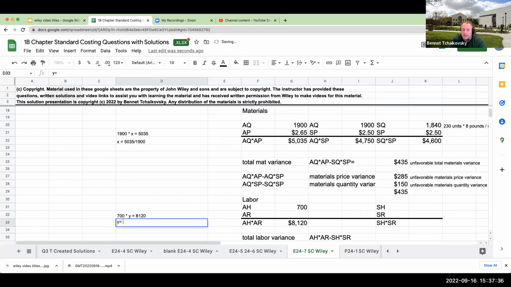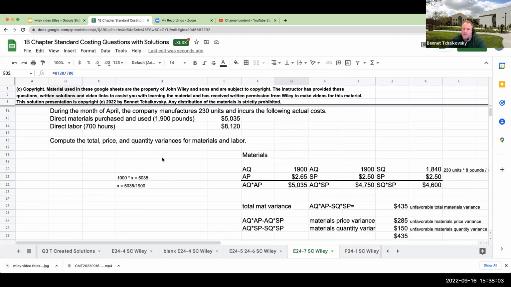So my Y is going to be equal to 8,120 divided by 700. So this is going to be $11.60 per hour. This is one of the harder ones you have to figure out: they'll oftentimes give you the quantity and the total amount, but they won't give you the price.